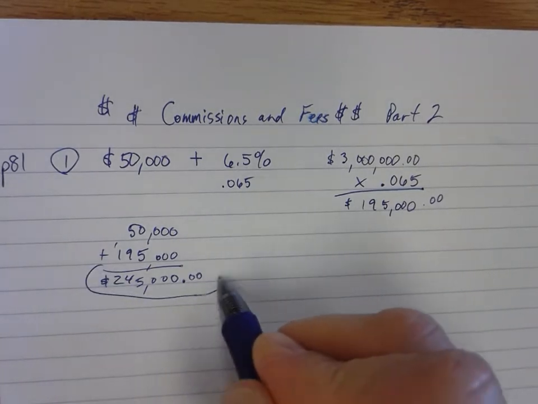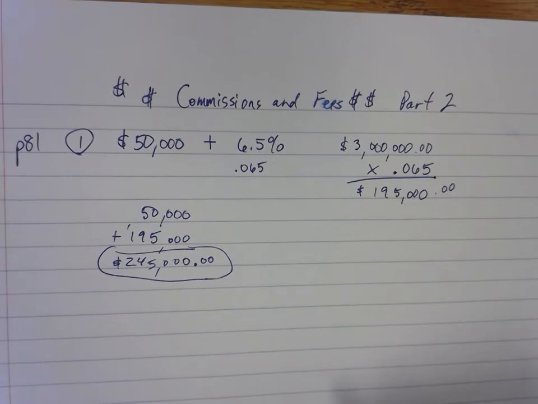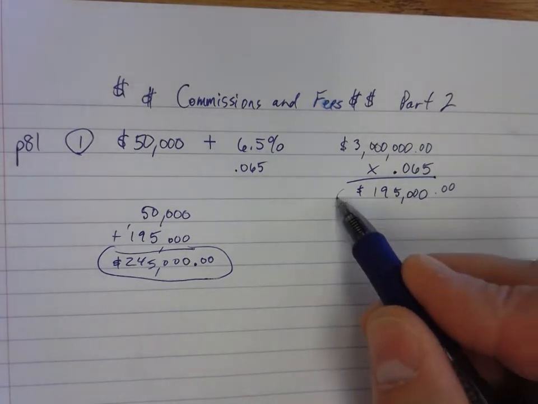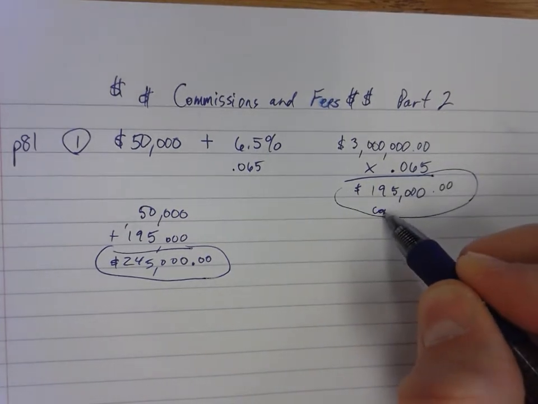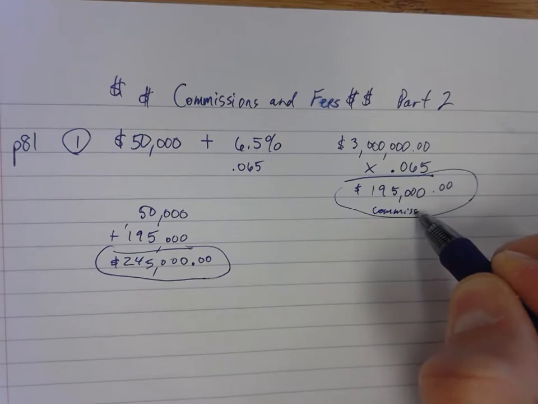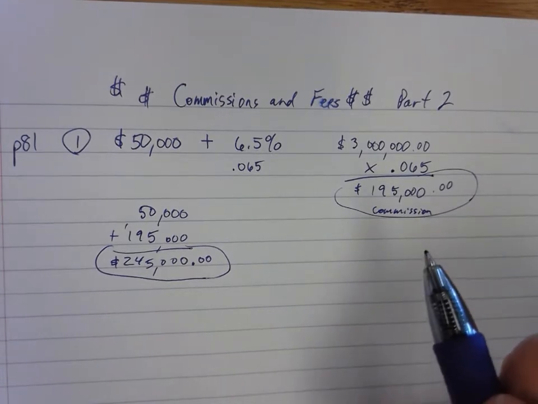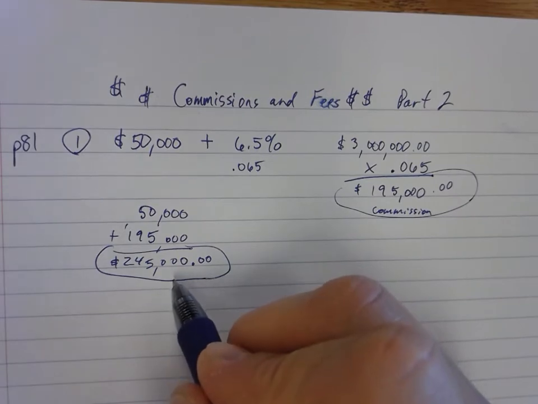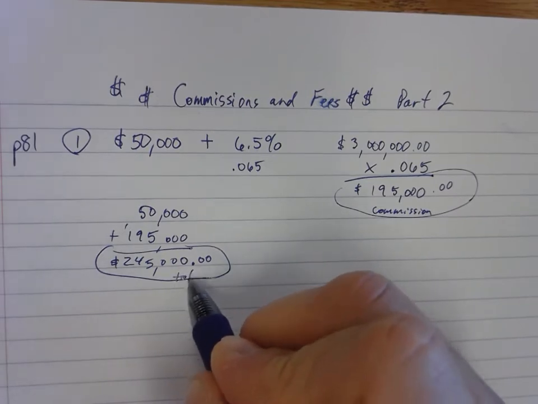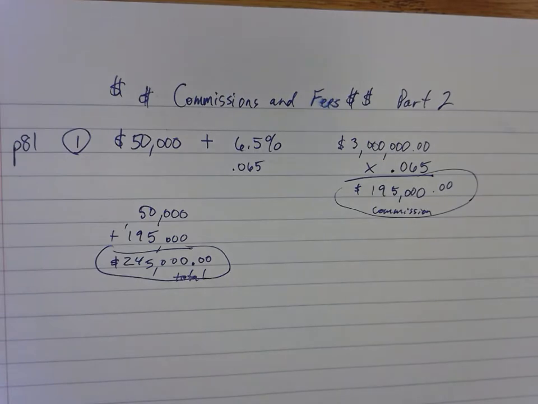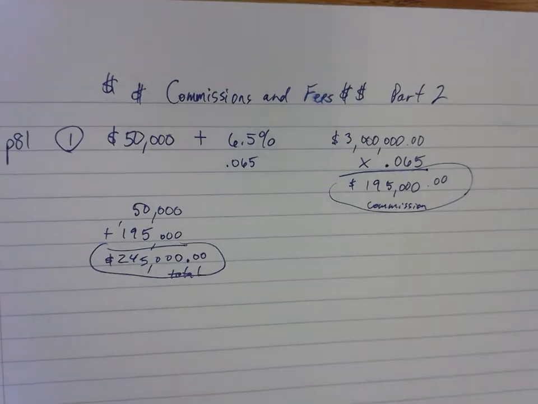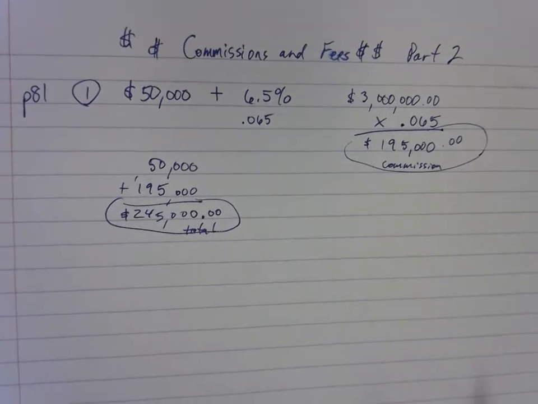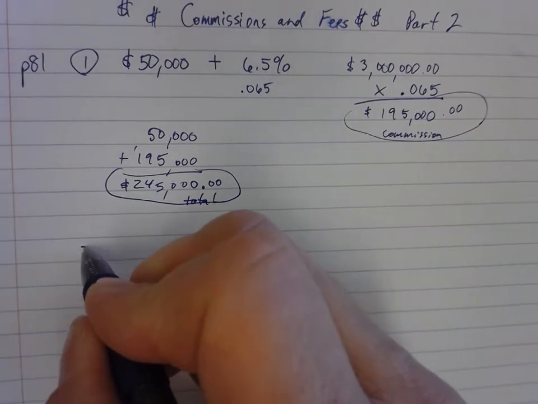Make sure you put the zeros on the end like that. So again, this is the commission, how much she makes from selling the software. This would be how much she makes total, her total earnings for the year. Alright, so there's one. I need that job, y'all. $245,000 a year. I can do it.